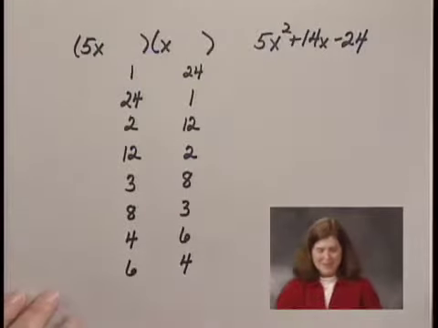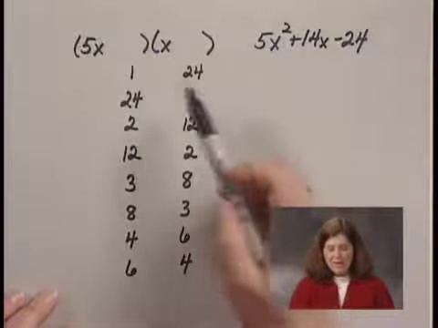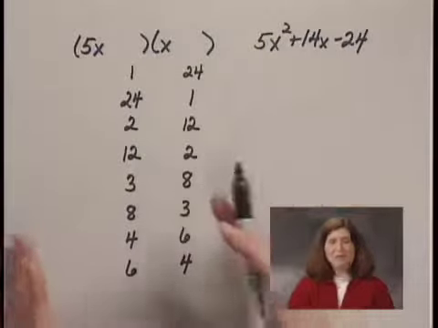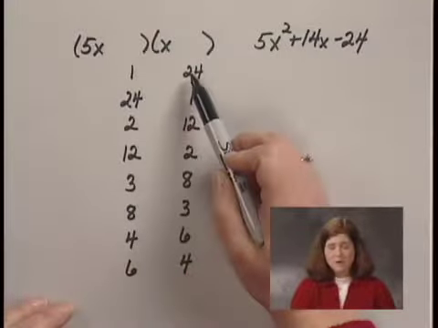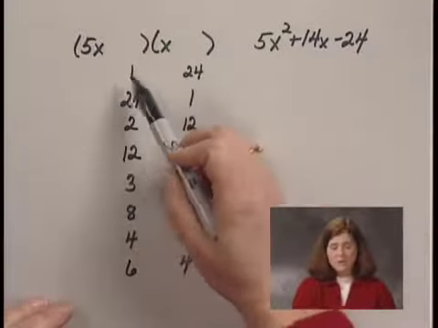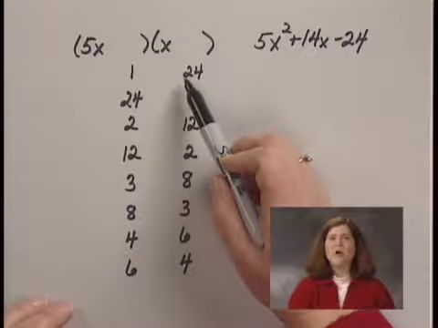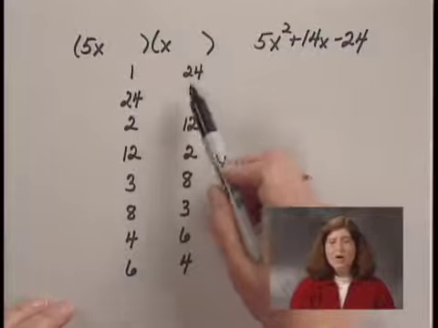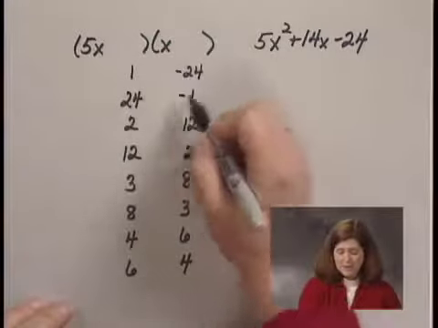Lots of possibilities. Now, one of these has to be negative, and actually I technically have twice as many possibilities because I could have 1 and negative 24 or negative 1 and positive 24. However, you don't have to check both of those because I'm going to just choose that my second one is negative.